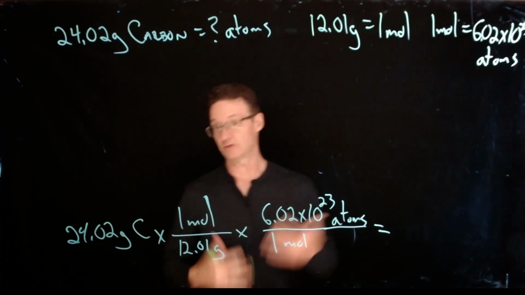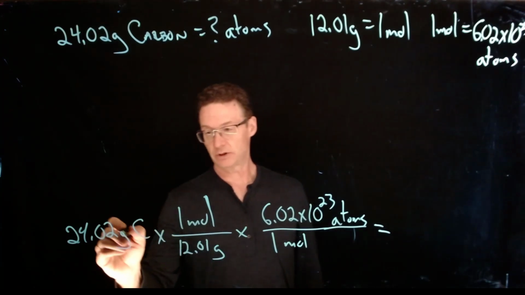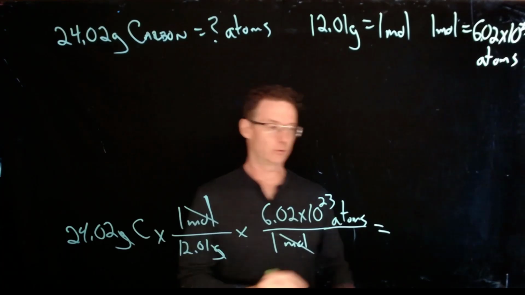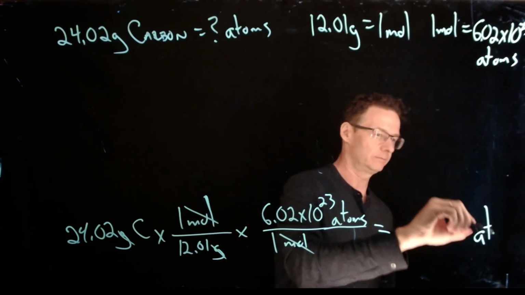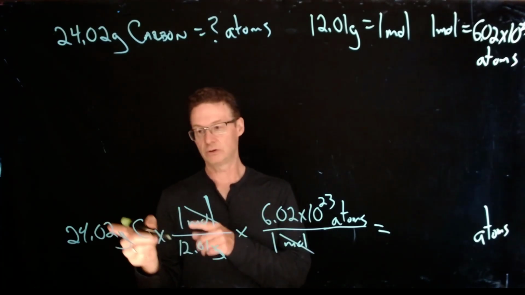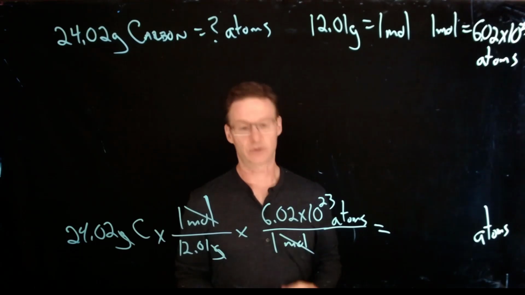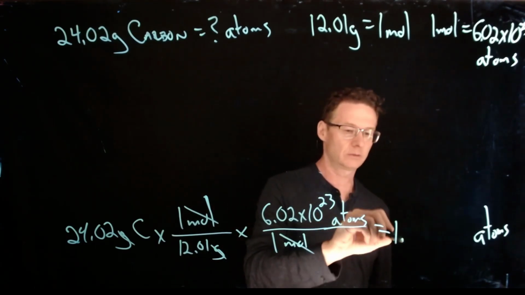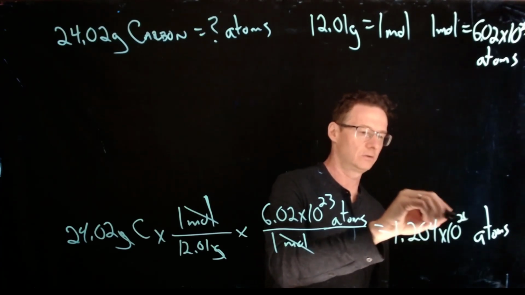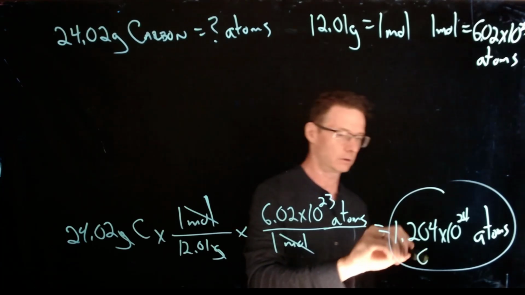It's that number of atoms of anything equals 1 mole. But for this purpose, we're going to have grams that cancels grams. We're going to have moles that cancels moles. We're left with our unit of atoms. And 24.02 divided by 12.01 times 6.02 times 10 to the 23rd comes out to 1.204 times 10 to the 24th atoms of carbon.